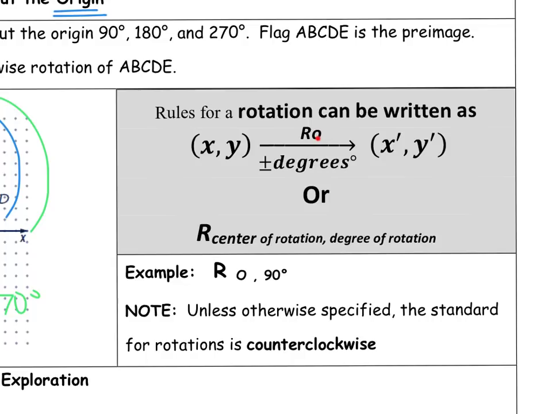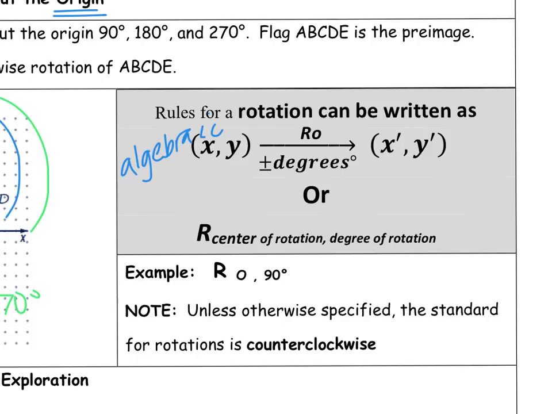Can that change? Yes, it can. But for our purposes tonight, it's just about the origin. And then the plus or minus tells you how many degrees you want to rotate it, and the subscript is the center of rotation. So this is how we represent it algebraically.